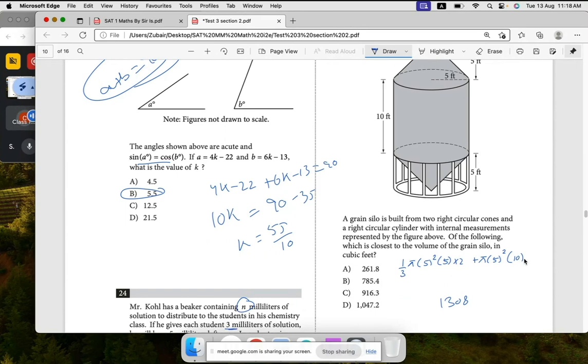Plus pi r square h. I punched 2 twice. This is 1047.2. I punched this 2 twice.